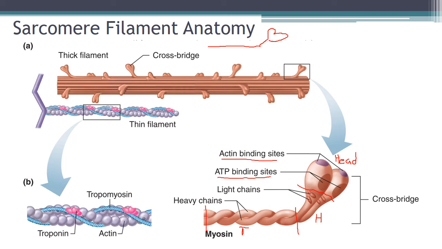It's going to have a binding site for actin at the tips here, and it's going to have ATP binding sites kind of off to the side. Now, it's these ATP binding sites in particular that are going to determine the position of this myosin hinge. Remember, I told you the myosin hinge is a flexible region. And so what position it's in is really going to depend on what is bound into that ATP binding site.